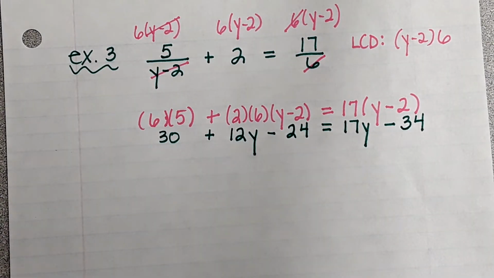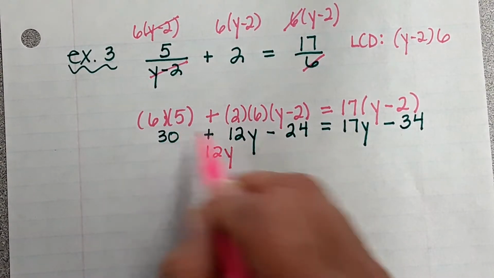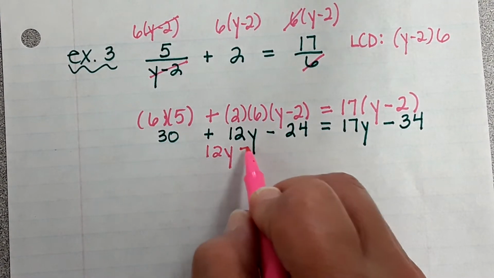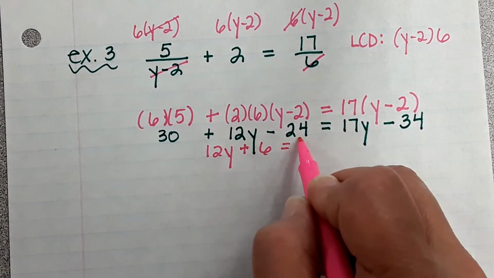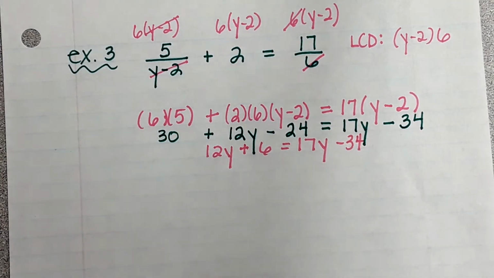Now, let's go ahead and solve it. The first thing you need to do is combine those like terms. So 30 minus 24 is positive 6. It's not every time that you're going to move everything to the right side. It just happens to be like this right now.